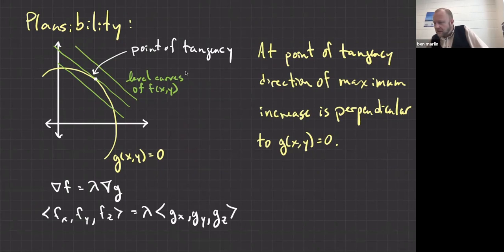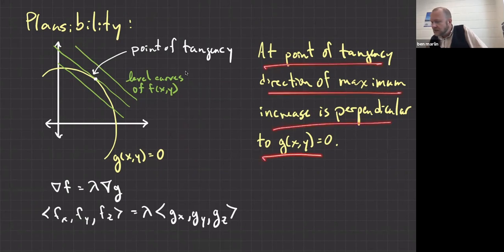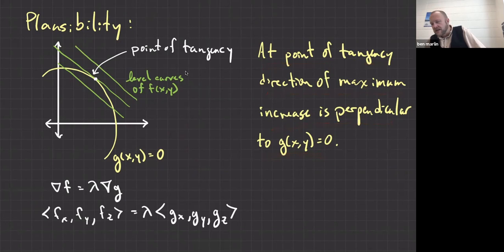So in any case, though, this little comment out to the side here: at the point of tangency, the direction of maximum increase is going to be perpendicular to the tangent there for the g of x, y equals 0. And that's just a geometric fact that, again, has to do with vector stuff that we're trying to avoid a little bit in this course.